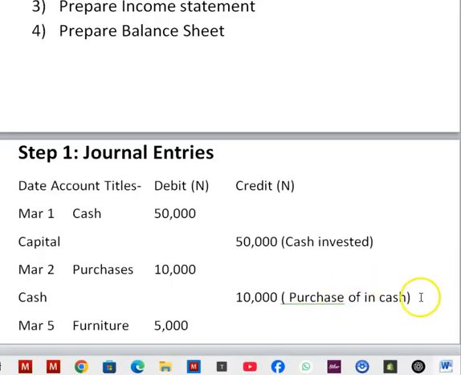Remember, we have said that we have the guiding principles for recording any financial transaction, which include that, one, there must be two folds of account in every single transaction.